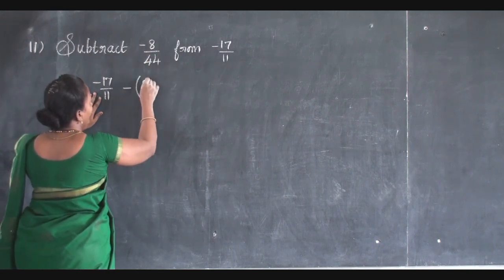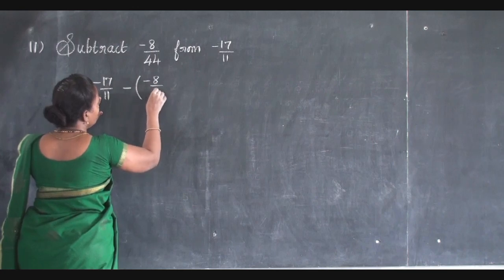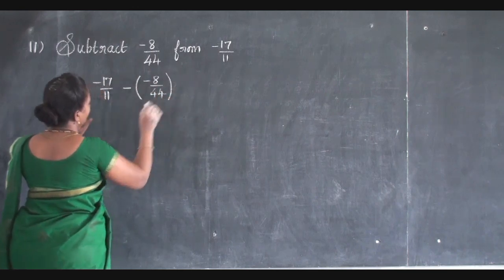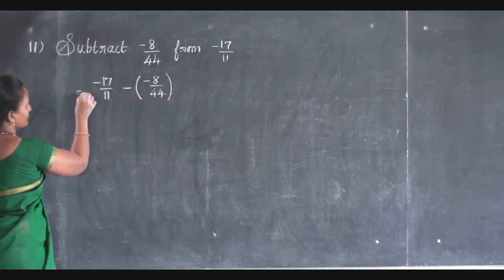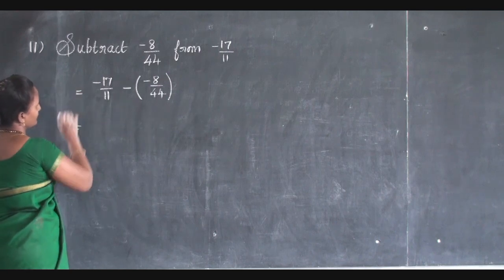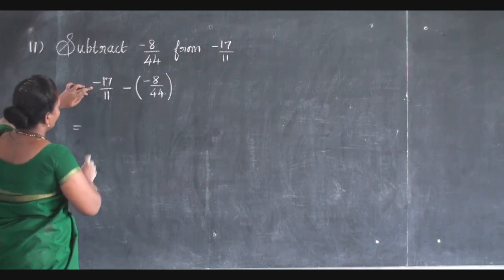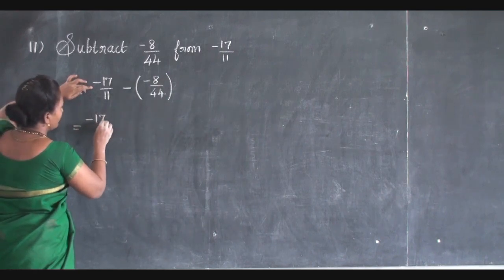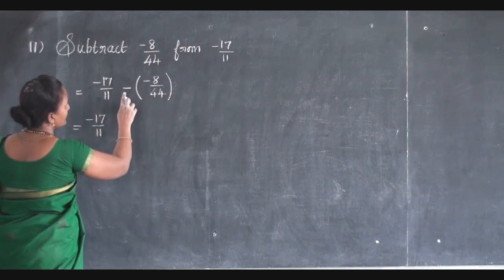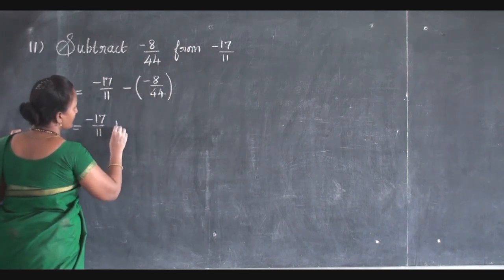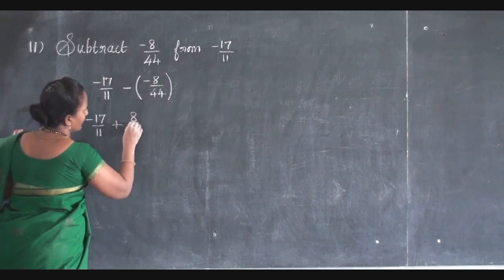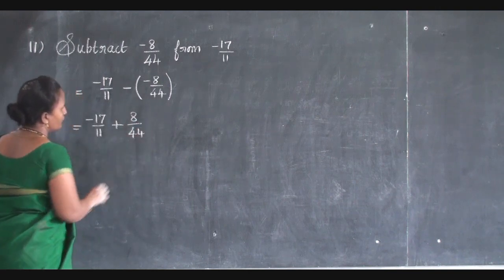Minus 8 by 44. Now minus 17 by 11 minus into minus plus 8 by 44.